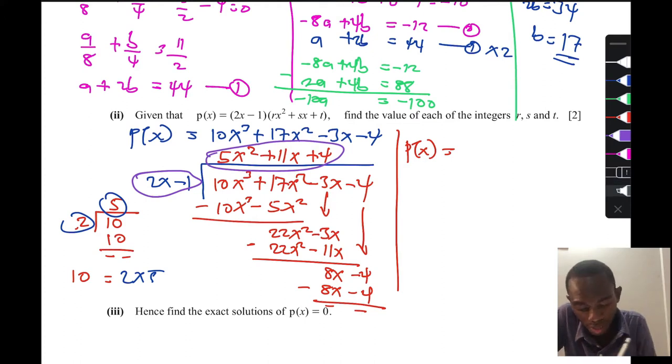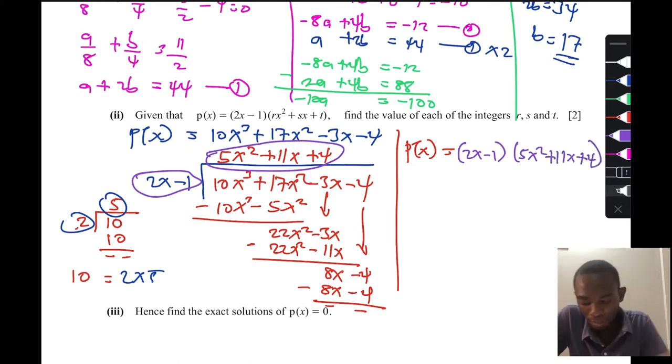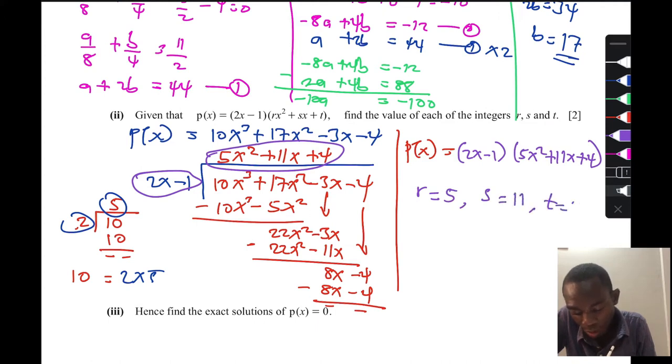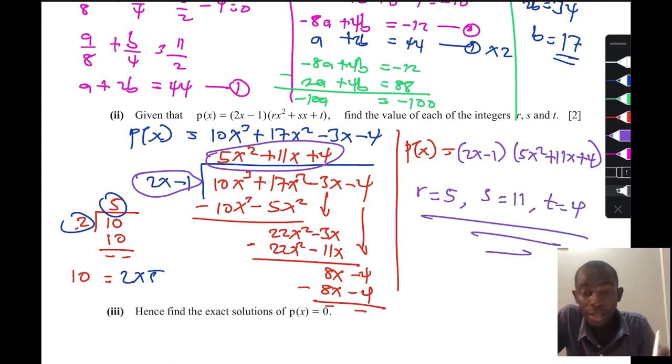So we can say that this is 2x minus 1 and then 5x squared plus 11x plus 4. Now if you compare, you can say that r is 5, s is 11, and t equals 4. And then you are done.